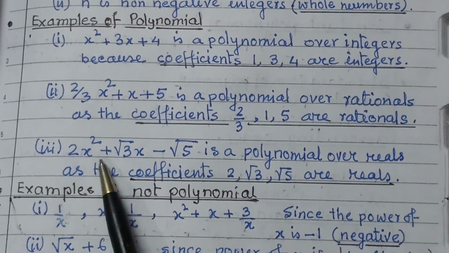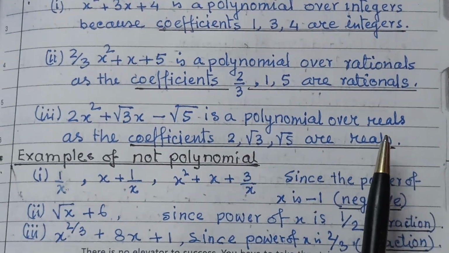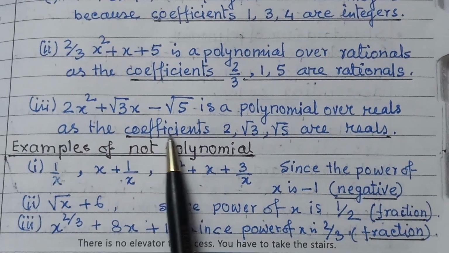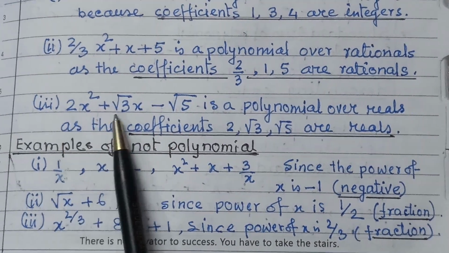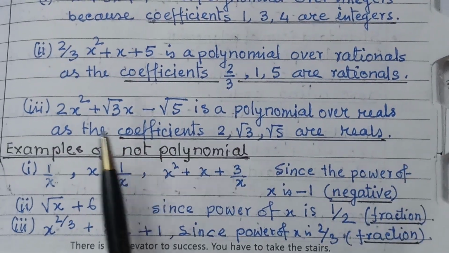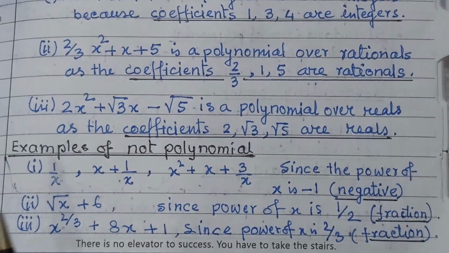Again, 2x square plus root 3 x minus root 5 is a polynomial over reals, as the coefficients 2, root 3 and root 5 are real numbers. These three are examples of polynomials.